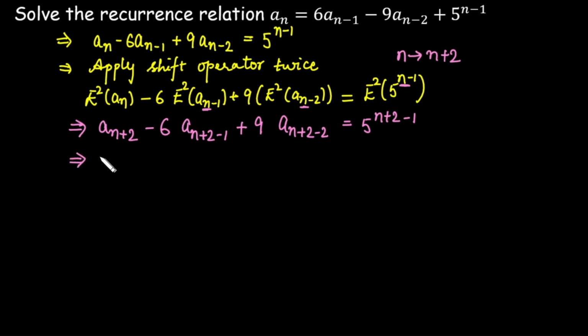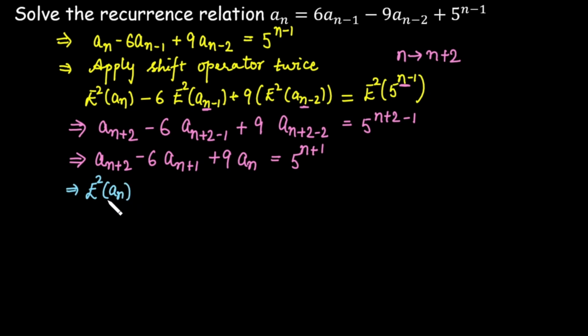Simplify this: a_(n+2) minus 6 times a_(n+1) plus 9 times a_n is equal to 5 raised to power n plus 1. Now we need to go back to the shift operator. So we can write this as E square of a_n, meaning a_n is shifted by 2 steps, minus 6 times E raised to power 1 of a_n. There is no shifting in the last term, so we keep it as it is.